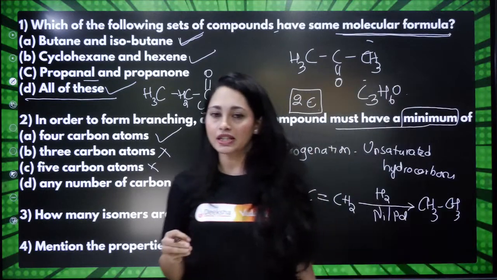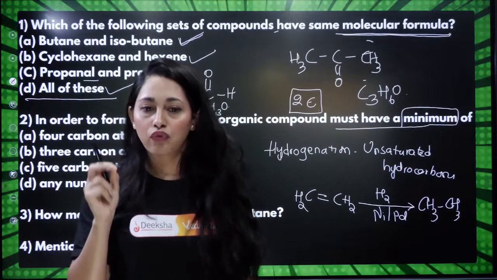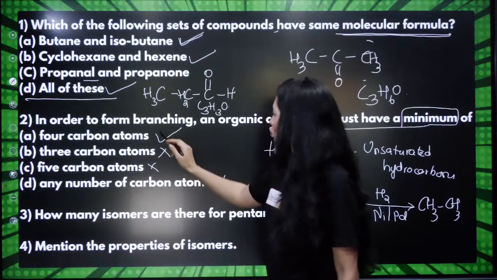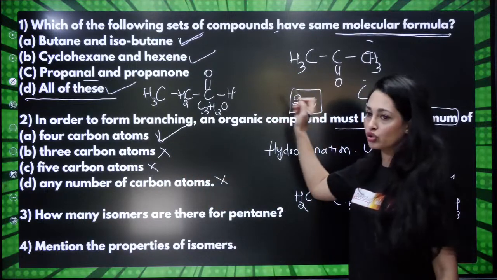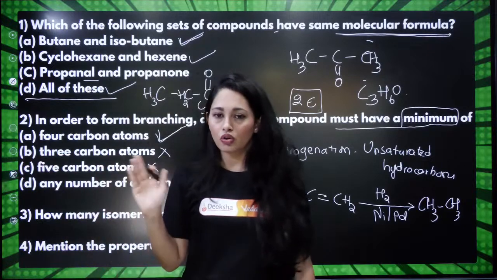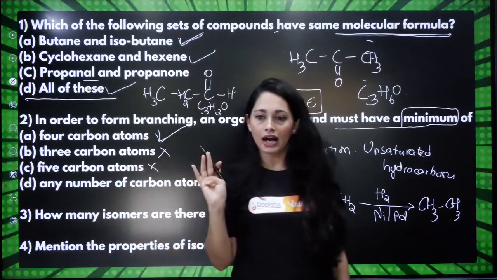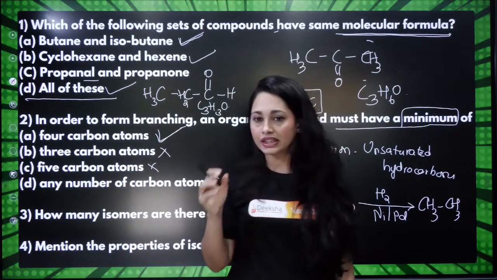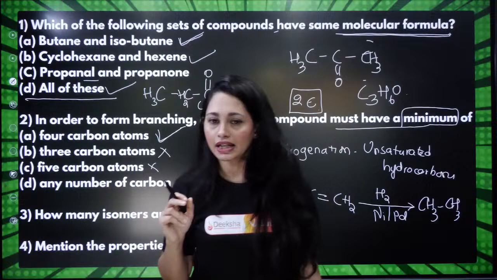In order to show isomerism, it should have a minimum of 4 carbon atoms. It's not option B, it's option A. Propane doesn't show any isomers. No guys, 4 carbon atoms must be there. Lalit, Junil, it's not 3, it's 4. Option A is the right answer.